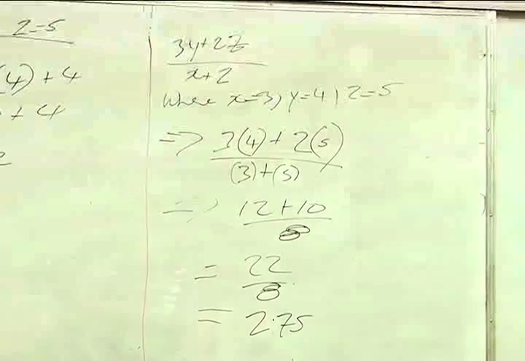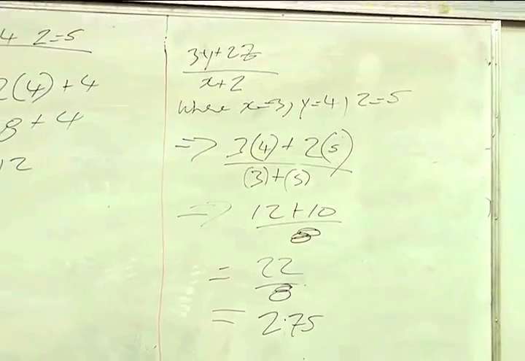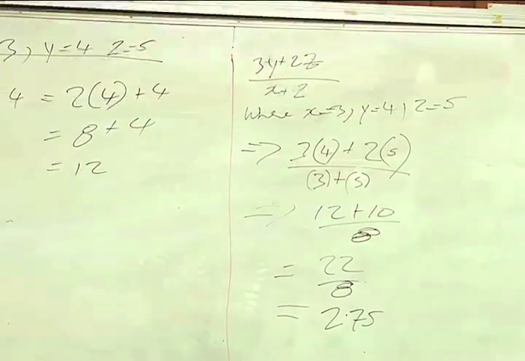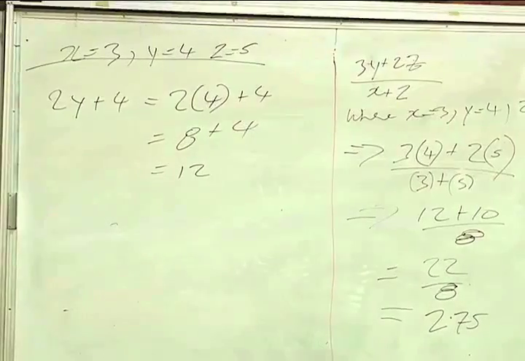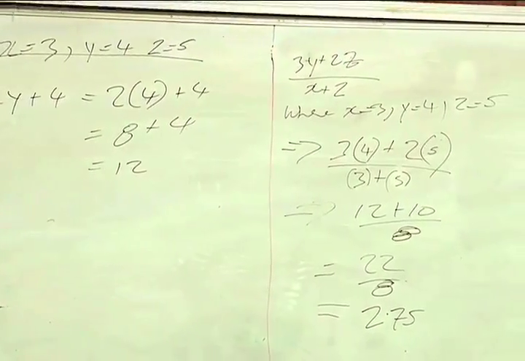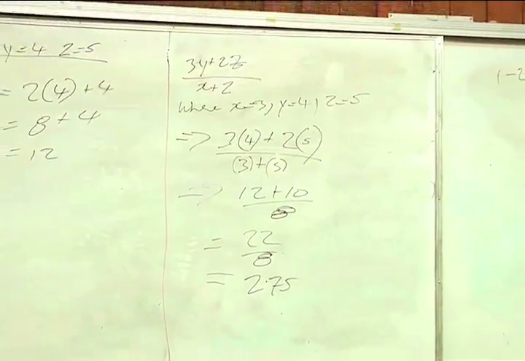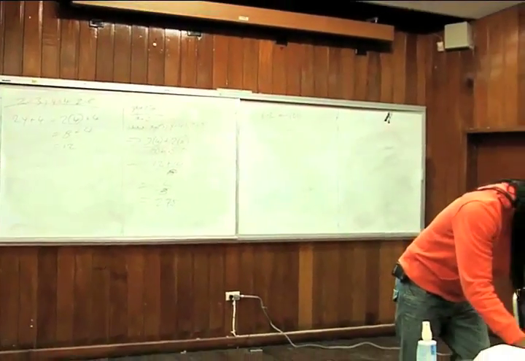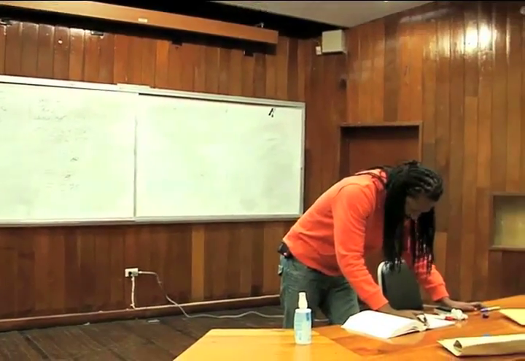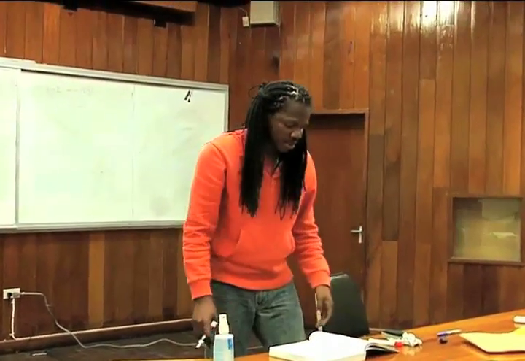Alright, if A equal 2, B equal 3, and C equal 5. Find 5A plus 9B plus 8C over A plus B plus C.